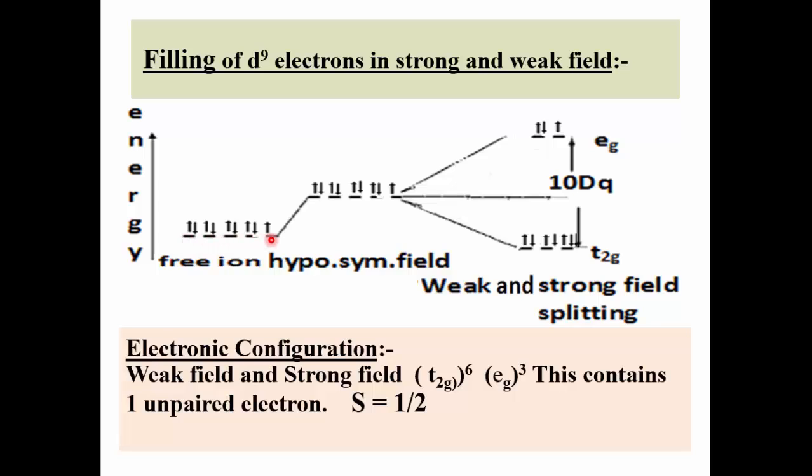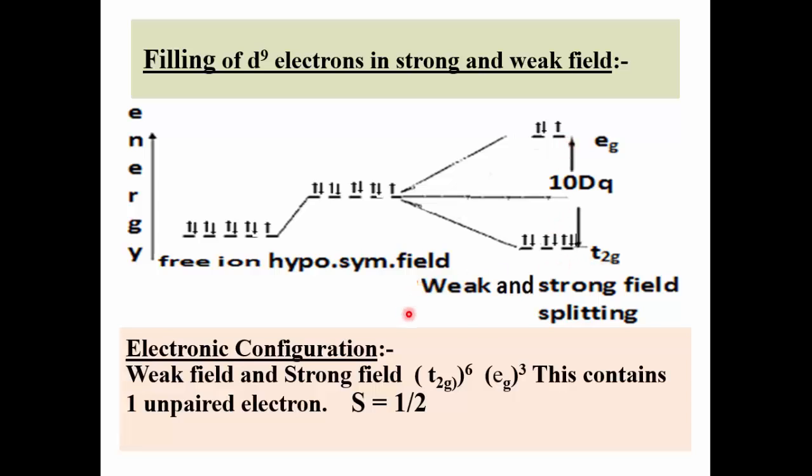The free metal ion d orbital contains 9 electrons. When they are in contact with ligand, energy increases. Again, the position of the 9 electrons remains the same. This is called the hypothetical symmetrical field. And now see, the t2g orbitals in both weak field and strong field contain 6 electrons, while the first eg orbital contains 2 electrons and the second eg orbital contains the 9th electron, that is the third electron.